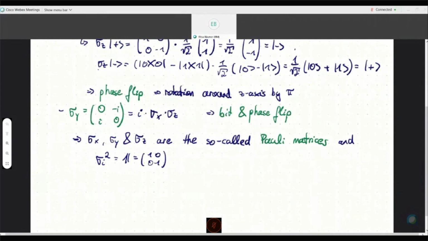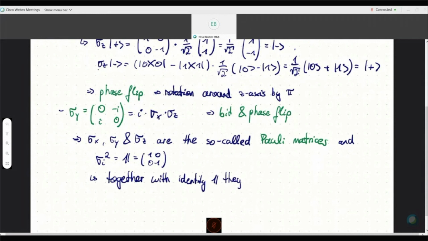So we have the Pauli matrices and the identity. Together, the Pauli matrices together with identity form a basis of 2 times 2 matrices.